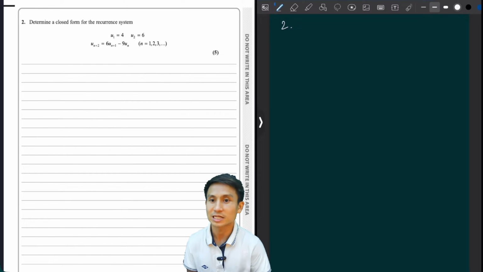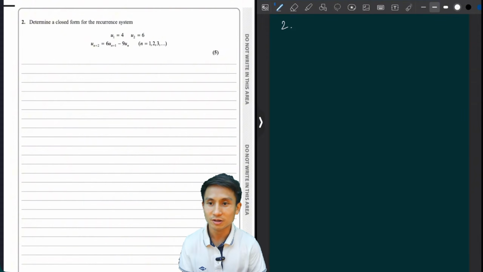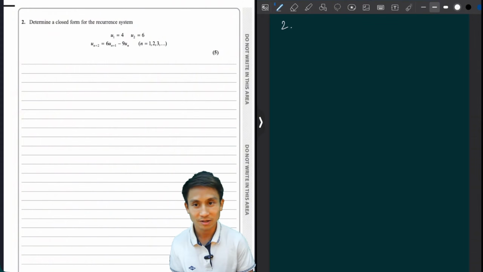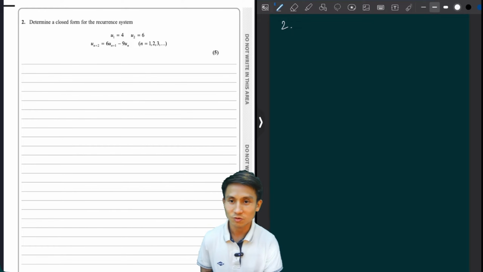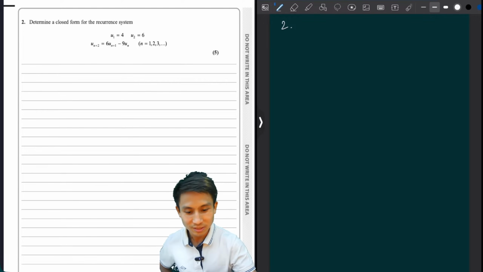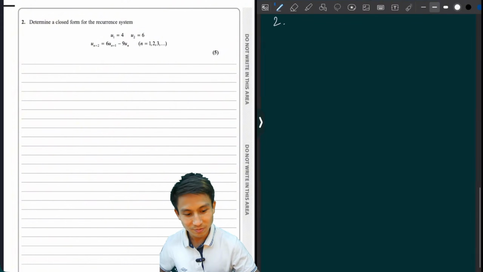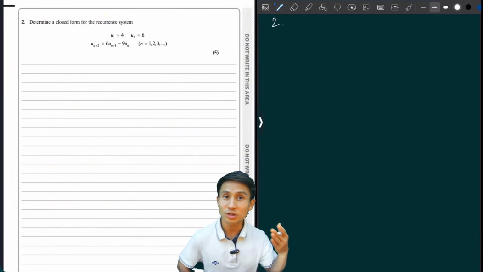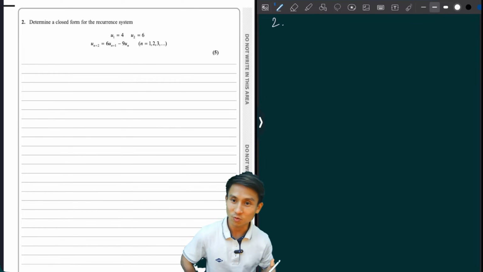So those are just the conditions. And then we have here un plus 2 equals 6 un plus 1 minus 9 un. So this is basically a linear recurrent system, right? So it's a linear recurrent system, so this is going to be similar to solving a second order differential equation in the FP1, yeah?